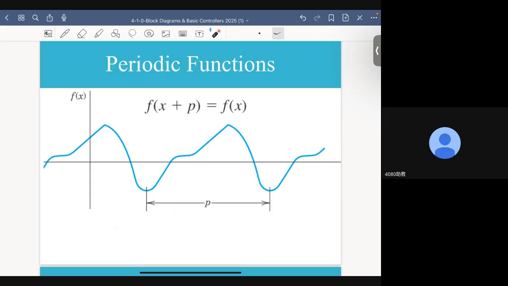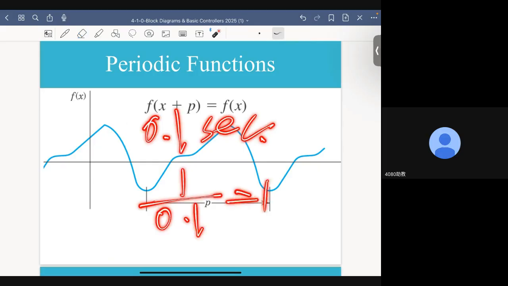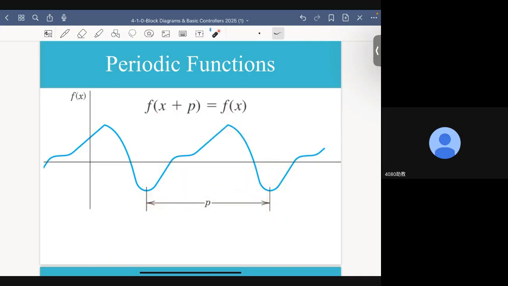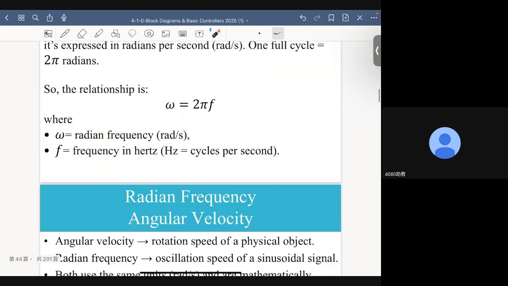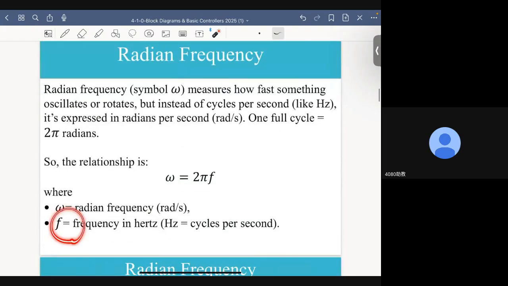For example, if the period is 0.1 second, then you have 10 periods in 1 second, and therefore the frequency of this signal is 10 hertz. Very easy to understand. F here is the frequency in hertz, that is, cycles per second, or periods per second.